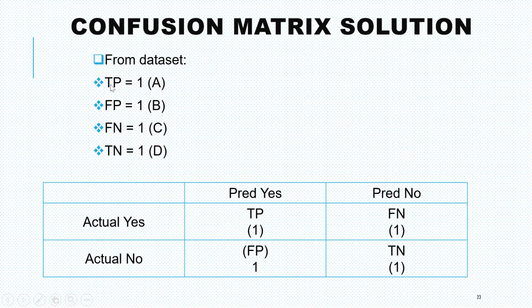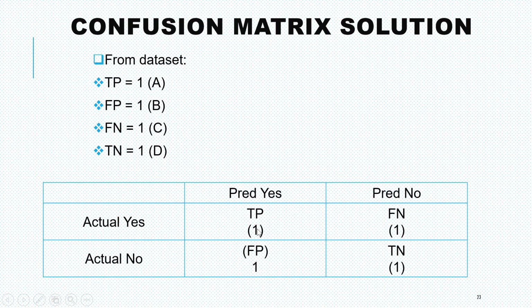So from the data set, we have true positive one, that is the A. False positive is also one, and that is the B. False negative is also one, and that is the C. And true negative is also one, and that is the D. So this is how the confusion matrix is going to be. Actual yes, predicted yes is 1, that's the true positive.